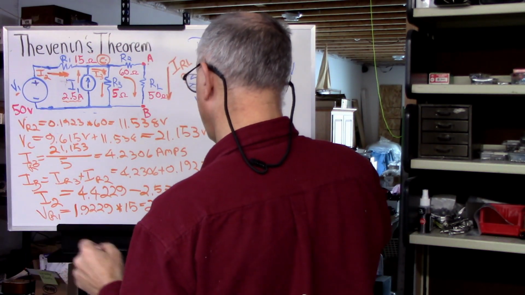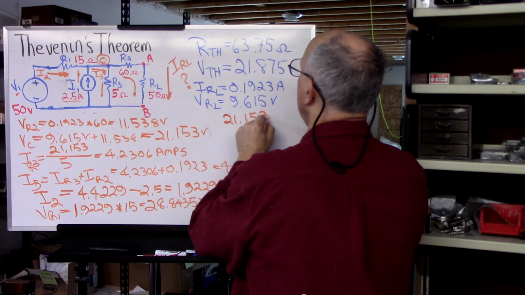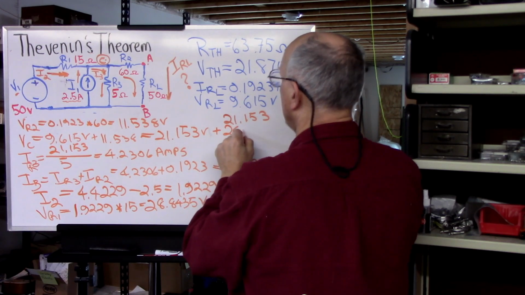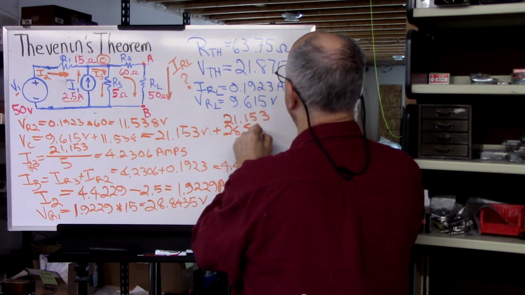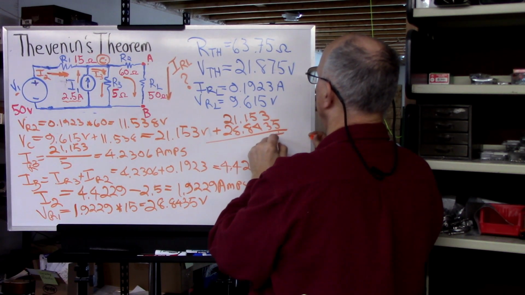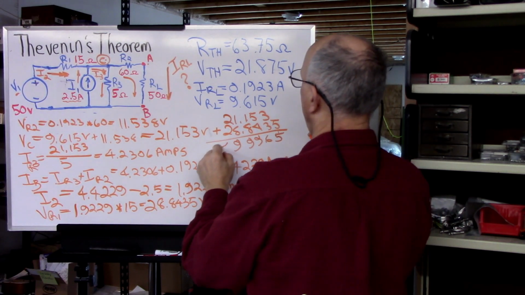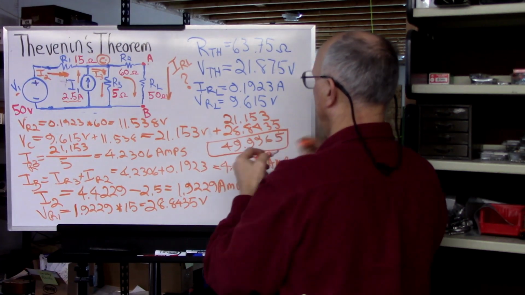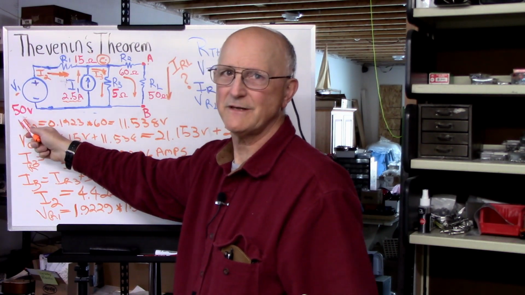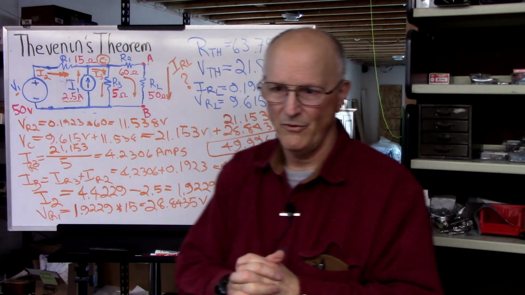Well, what's the voltage at C? 21.153 is the voltage at C. We're going to add to that 28.8435, and that's 49.9965 volts. And what did we start out with? 50 volts. And so that shows that Thevenin's theorem works.